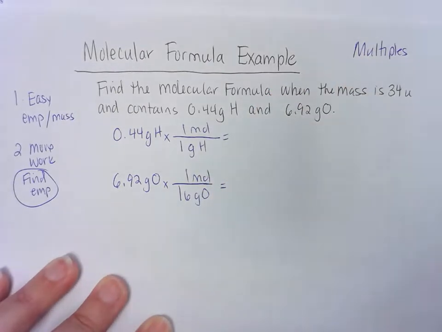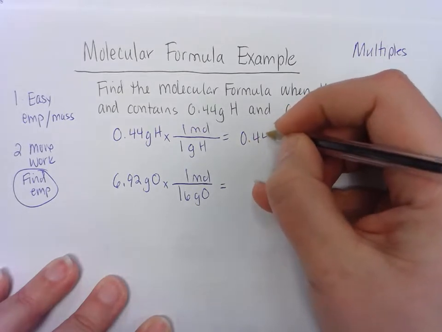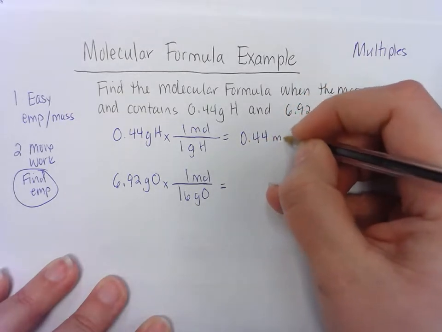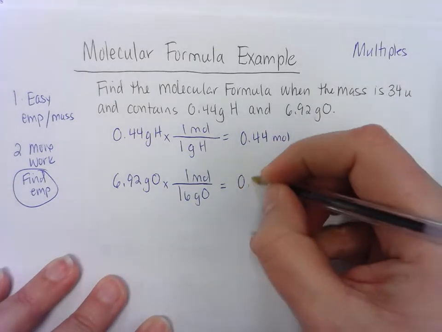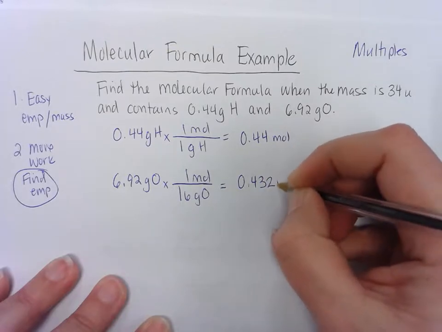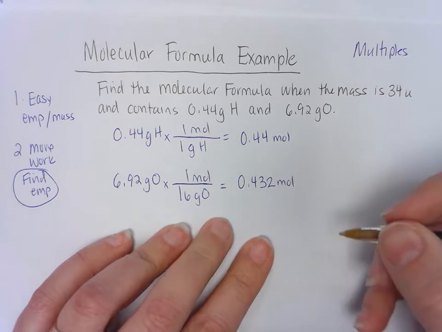Remember, carry a few decimals so that you don't round too early and end up with a skewed ratio. 6.92 divided by 16 gets us 0.432 moles. These are very close, almost the same, but they're not.